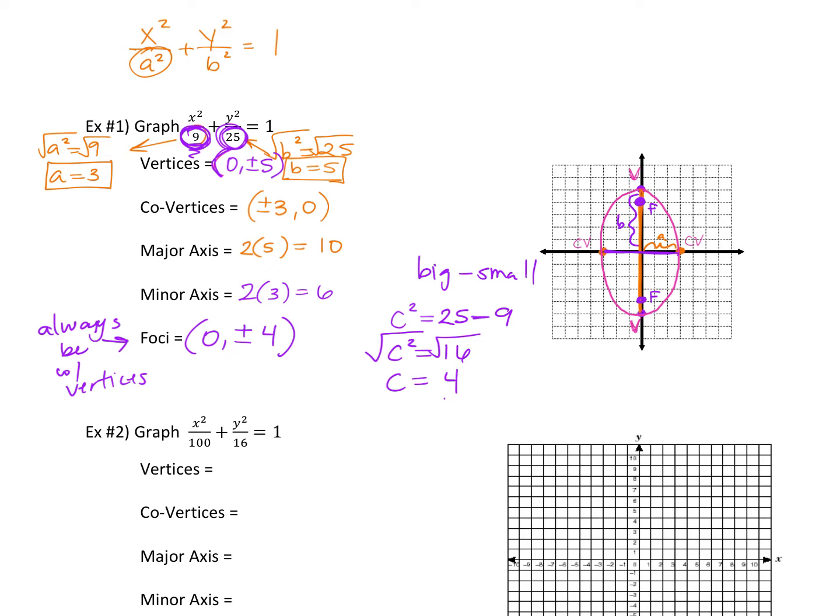How'd you do with that? Jada. The vertices are always the ones that are, yeah, farther from the center. So longer, if you want to think of it that way. Yeah. And then the co-vertices will be the ones that are closer in.